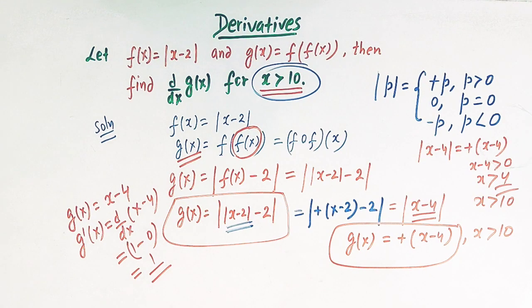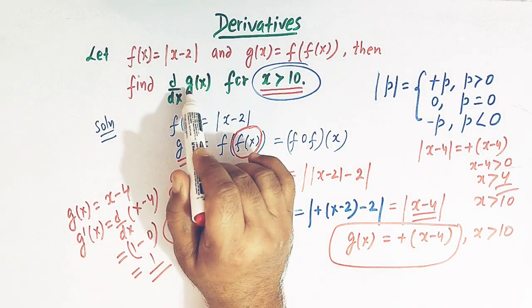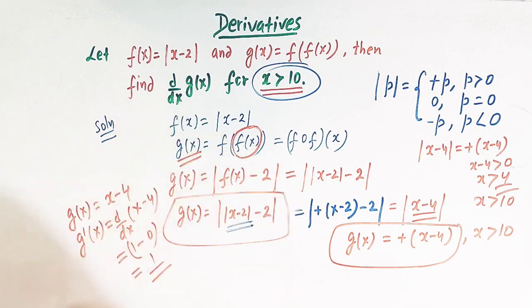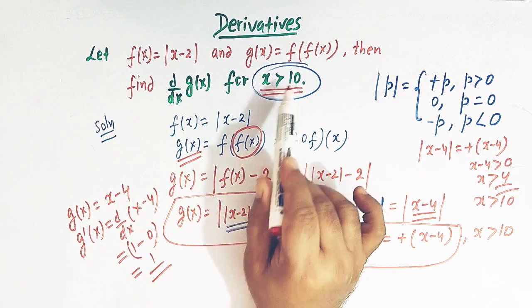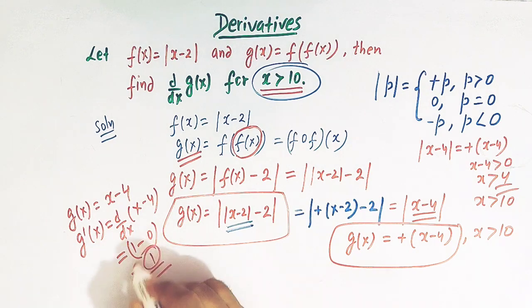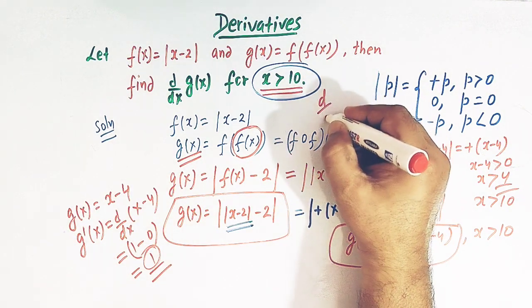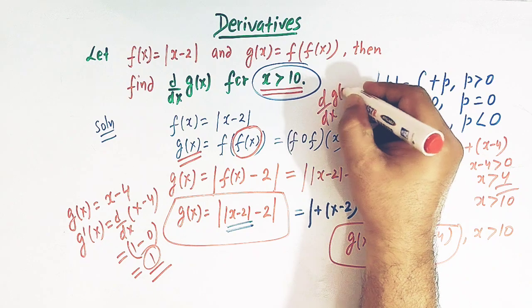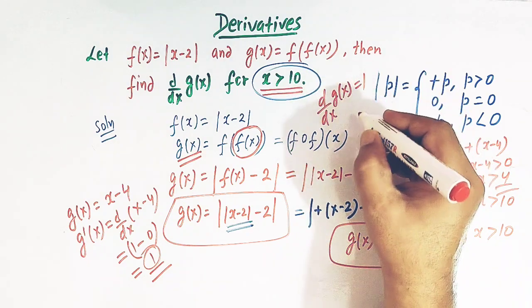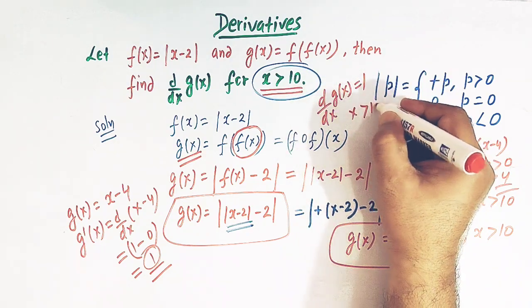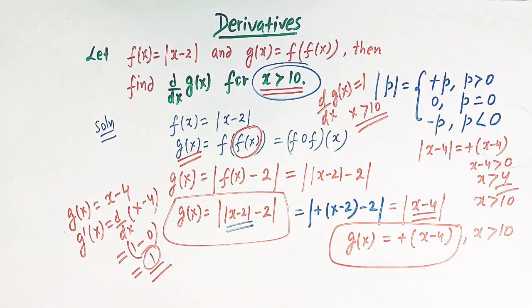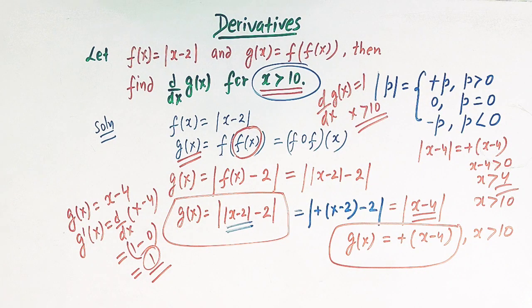So viewers, the derivative of g of x with respect to x for x greater than 10 is equal to 1, right? So d by dx of g of x is equal to 1 for all x greater than 10, right? So this is how by making use of the concept of absolute value function, we can solve these type of problems.